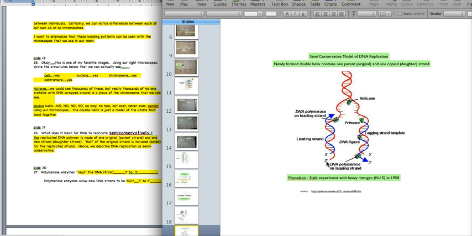It reads at the 3, so the new one is built 5 to 3. So here's the new blue one being built, and the leading strand works towards the fork, towards the replication bubble. That little replication fork or bubble was created by helicase, which breaks the hydrogen bonds essentially. Primase kind of helps give it a place to start. So really there could be primase showing up down here too.